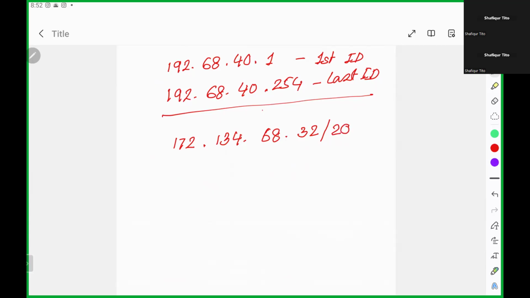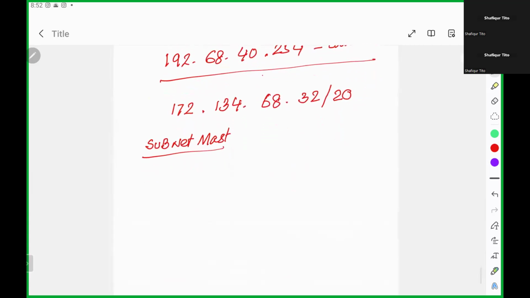If I am given the prefix, I need to find out the subnet mask. First thing, we need to convert this number into binary. So 172, we can start with 128. 172 minus 128 will give me 44. So 1 bit is 1.